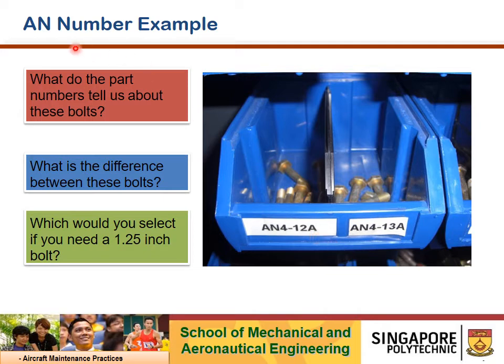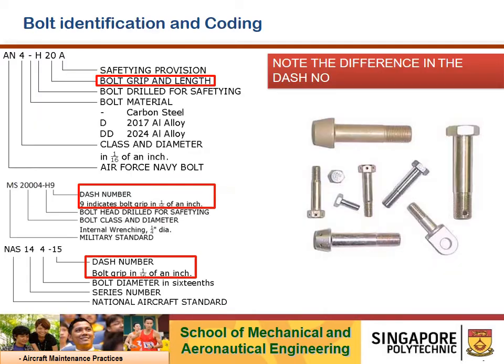All right, let's move on to bolt identification and coding. This slide shows the various part numbers for Air Force Navy, Military Standard, and National Aerospace Standard. The formatting is slightly different, but the part number will denote what type of material, finish, drilled head, drilled shank or threaded part, the diameter of the bolt, and the grip length.